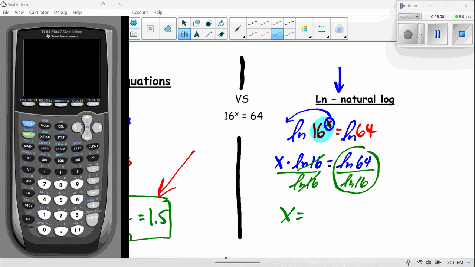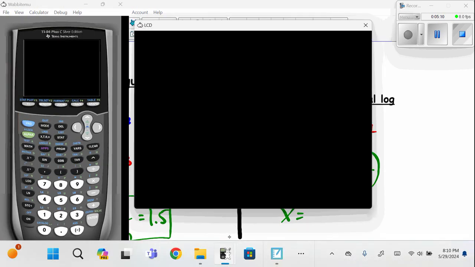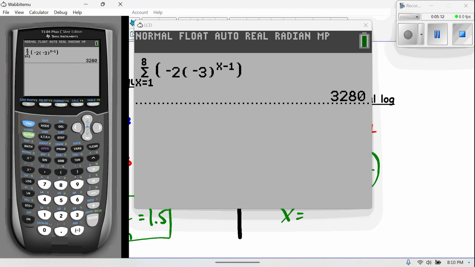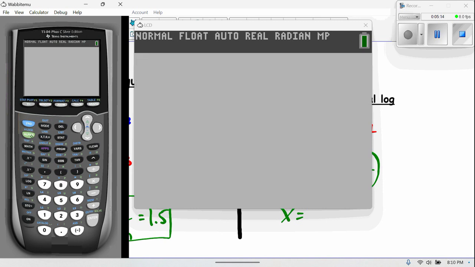I'm going to create the fraction, why not? The natural log button is right next to the number 4. It says ln of 64, close that parenthesis, over the ln of 16.